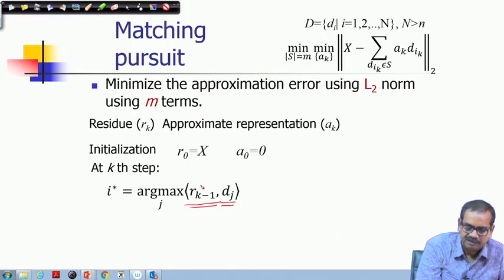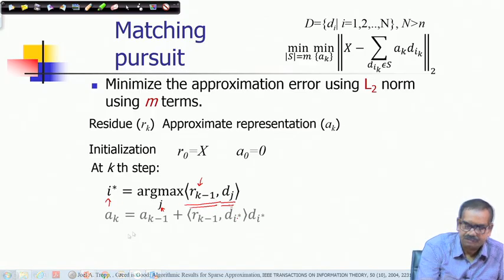This is the residual at this stage. So, what is the projected residue along this particular dictionary element? Consider only that dictionary element where this value is maximum. You choose that dictionary element, say i star is that index. Now use it for representing the signal. This would be your magnitude and this would be your direction of the vector.